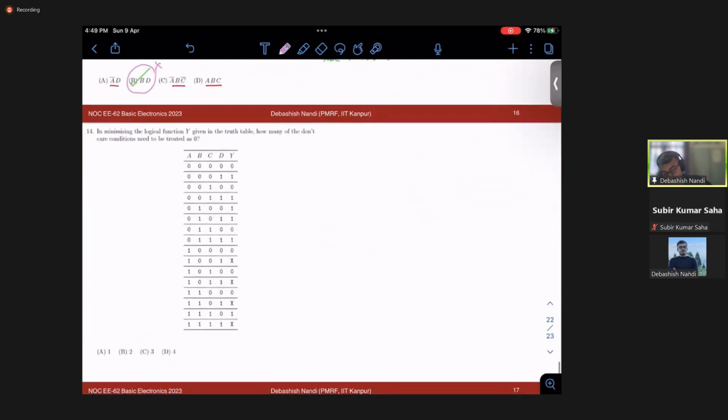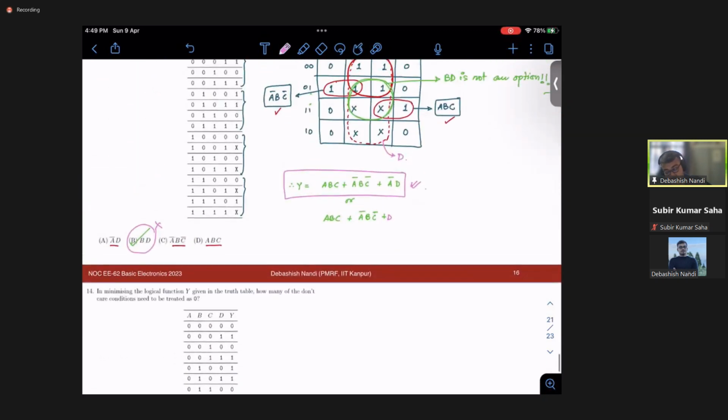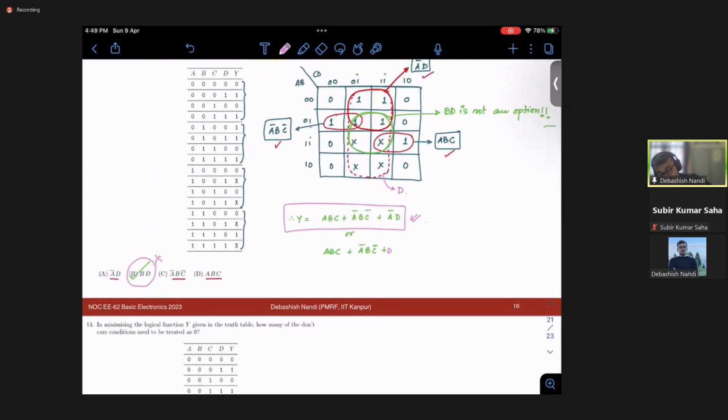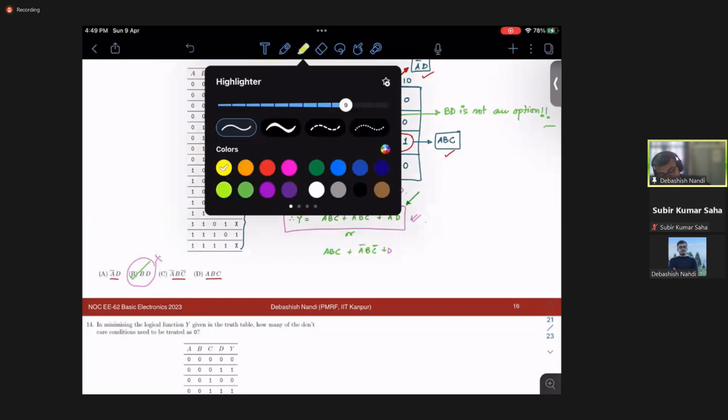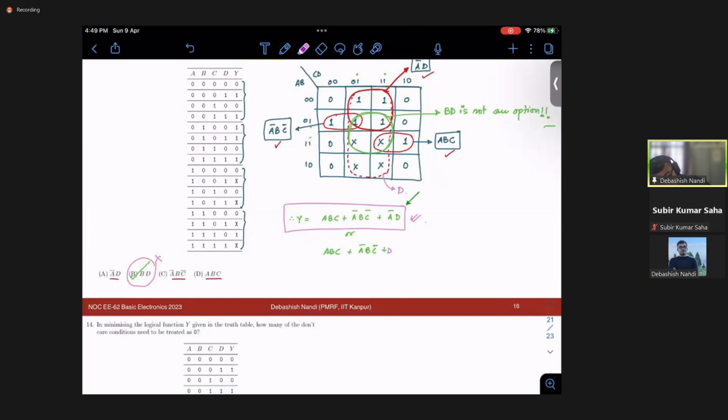So again, in minimizing the logical function in the truth table, how many of the don't care conditions need to be treated as zero? So you see, if we use this expression, what are the don't care conditions we do not need? We did not use this, and this we did not use. Fine.